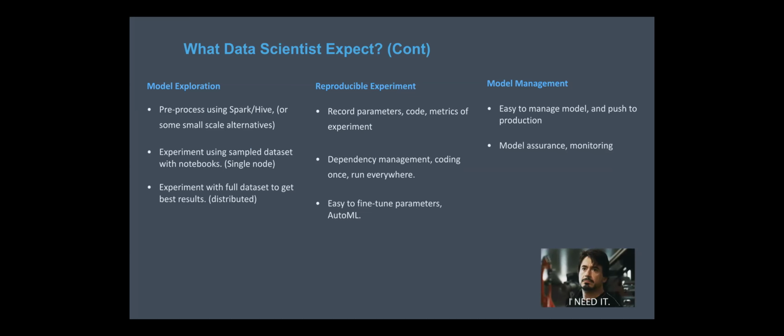And after that, when they get more confident, they will train with larger experiments using more data. And one important thing to note is they want the experiments to be more reproducible. They want to record the parameters, code, and metrics of the experiment.